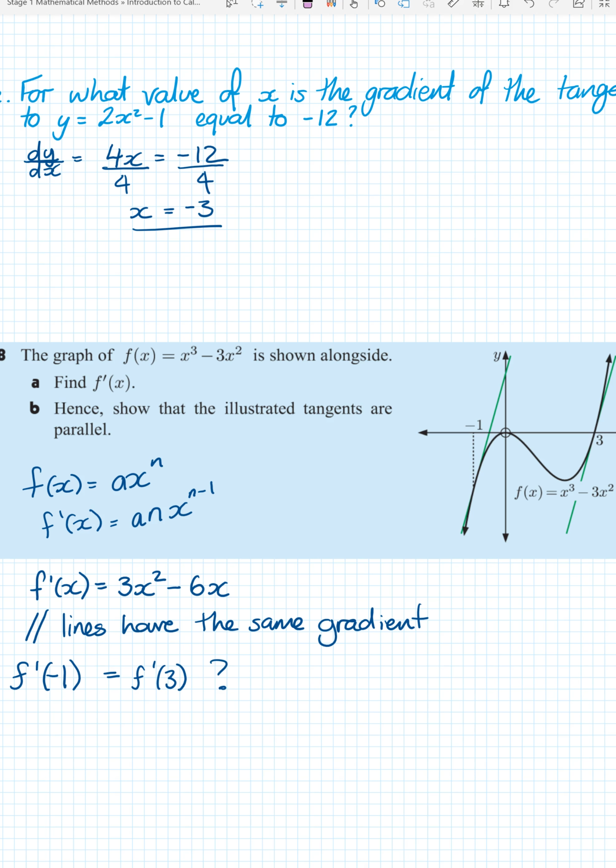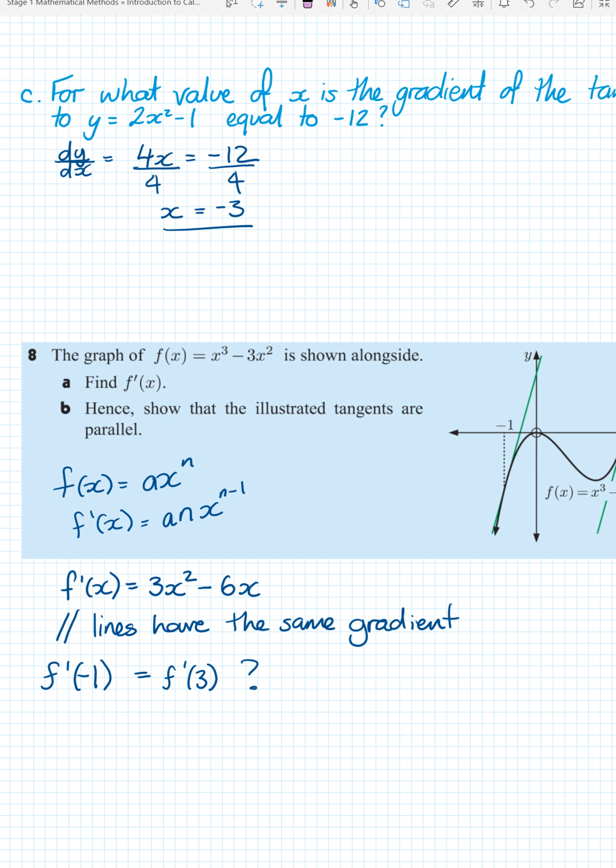Is that true? So f'(minus 1) is 3 times (minus 1) squared minus 6 times minus 1. Minus 1 squared is 1, so it's 3. Minus 6 times minus 1 is plus 6, so that is equal to 9.